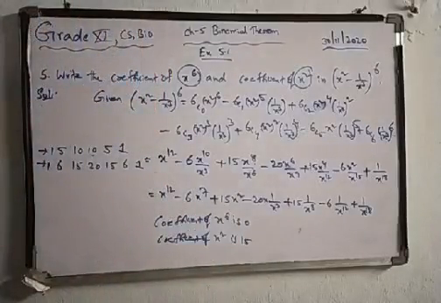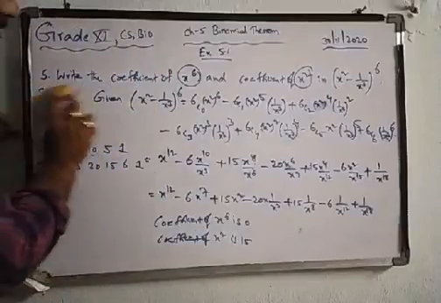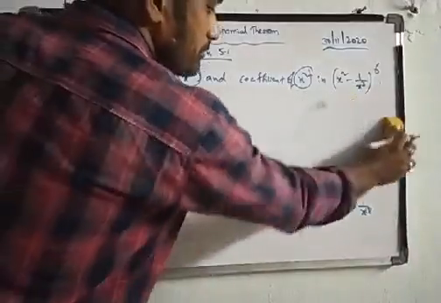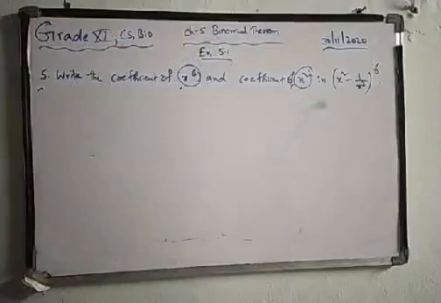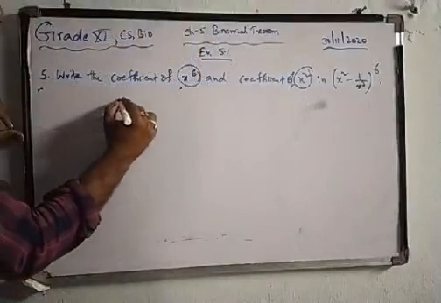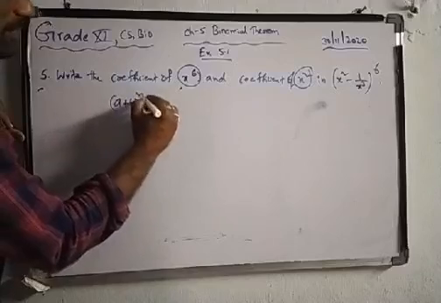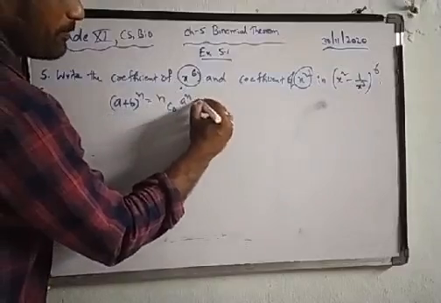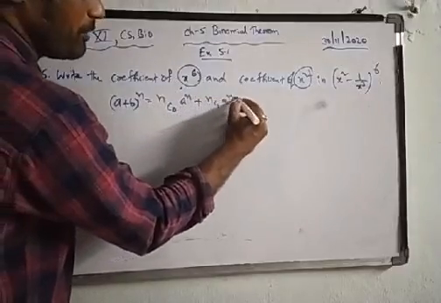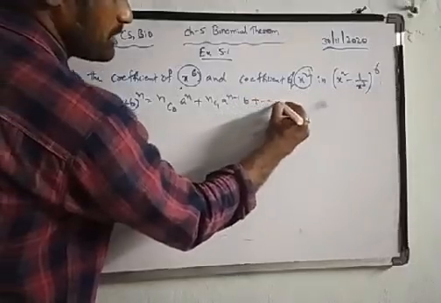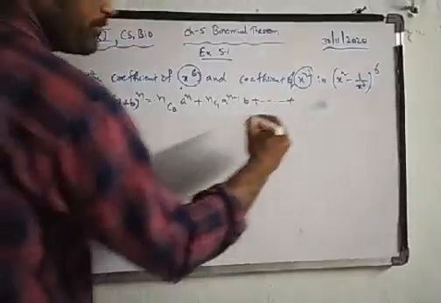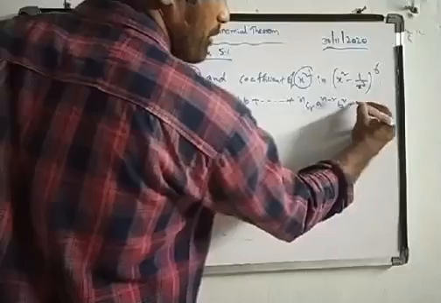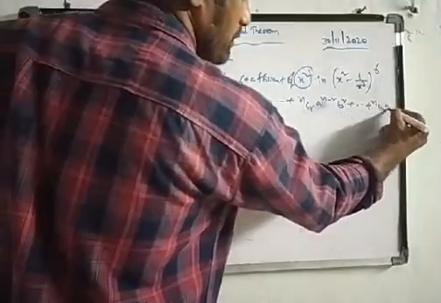So this can be done by using the general term formula also. So first let us see what is that general term. If the given binomial expansion is a plus b whole to the power of n, that is nC0 a power n plus nC1 a to the power of n minus 1 b plus and so on, plus nCr a to the power of n minus r b to the power of r plus and so on, plus nCn b to the power of n.